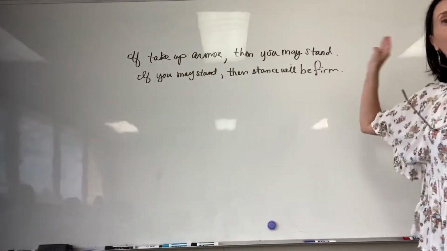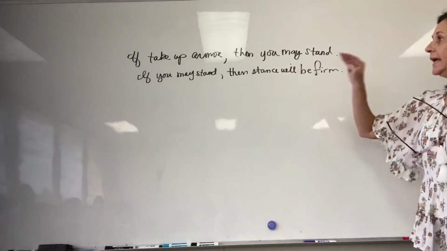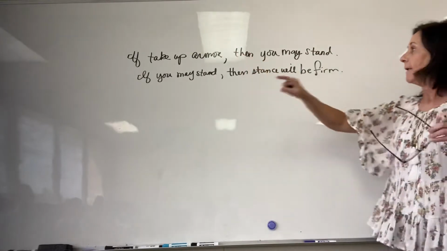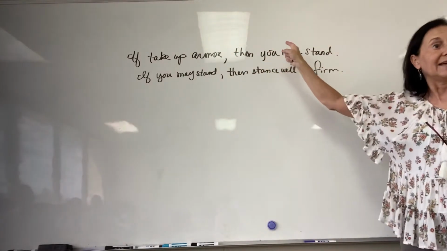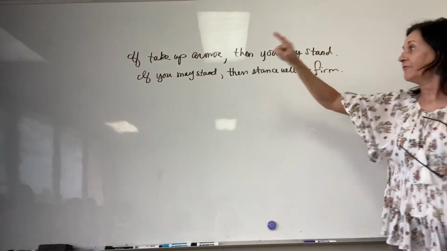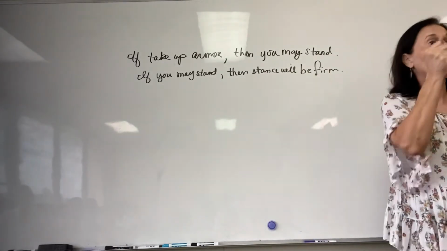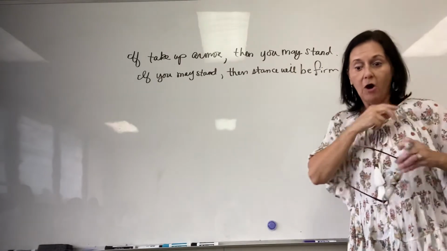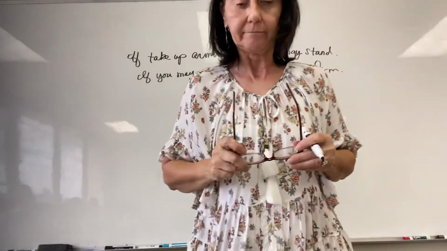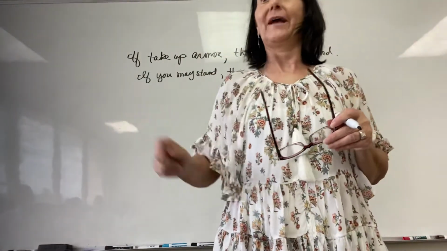In the Bible, lots of conditional statements, right? If you take up the whole armor of God, then you may be able to stand against the enemy. And if you may be able to stand against the enemy, then you will be secure. Your stance will be secure. All of Psalm 1 is a direct proof.